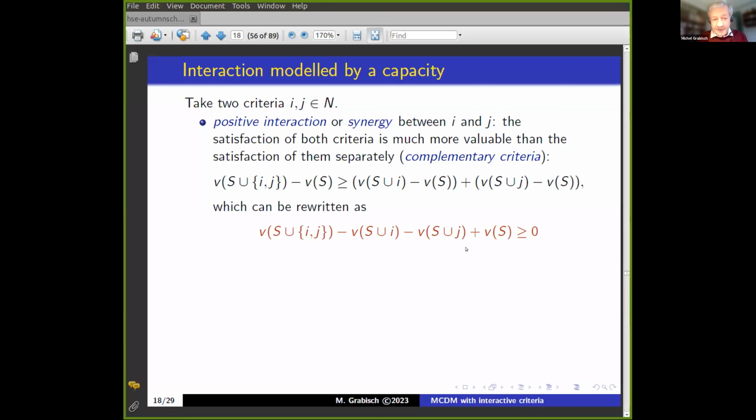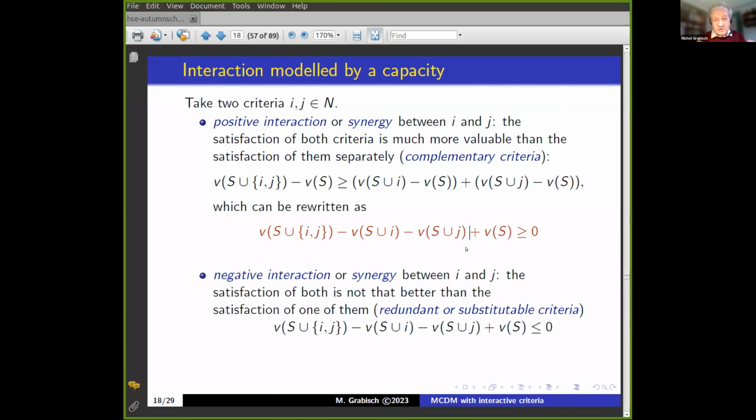Okay? So now we can imagine the opposite situation where, in fact, you have the reverse inequality. So it means that the sum of individual contributions is greater than the joint contribution. And then we speak of negative interaction or negative synergy.